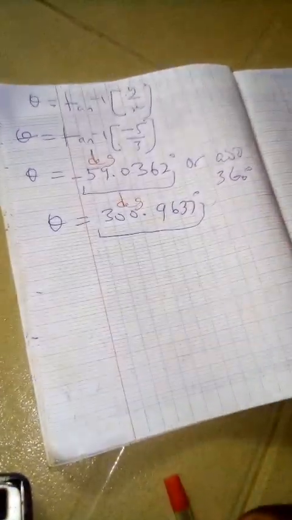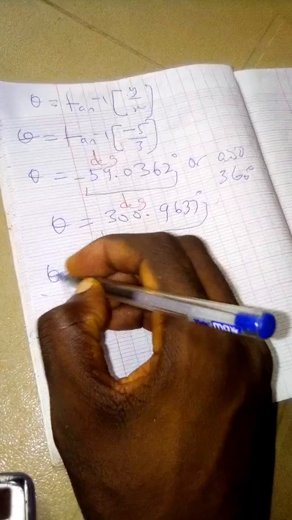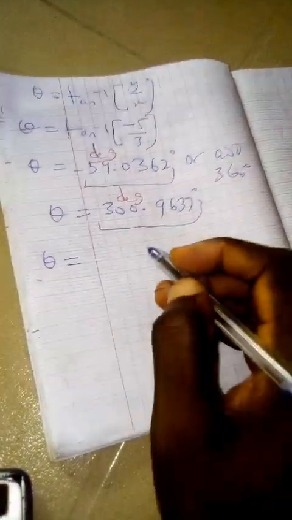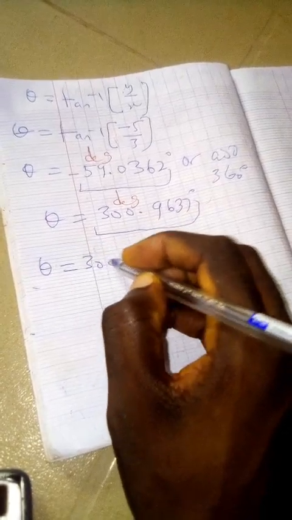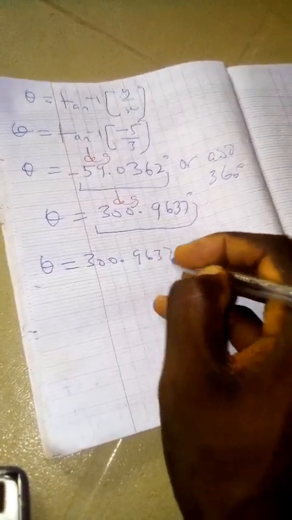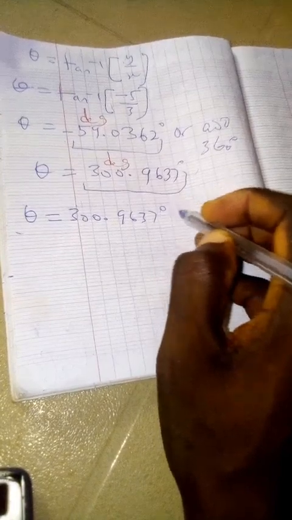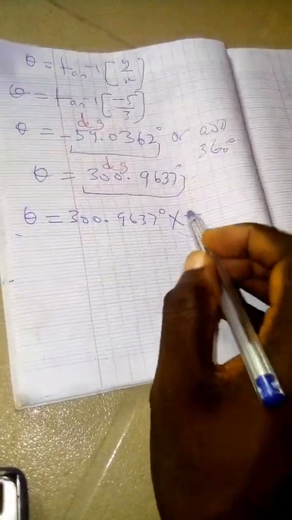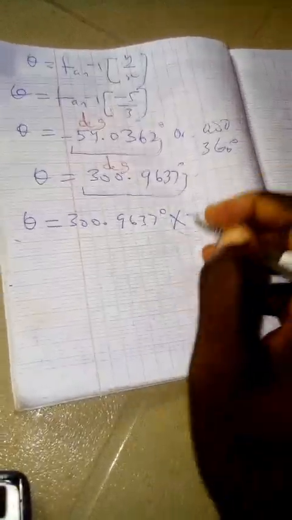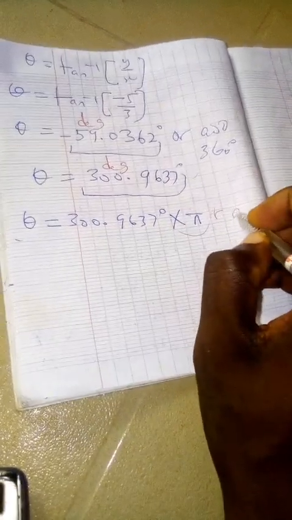It's in degrees, so I have to convert this theta to radians now. For me to convert this theta to radians, I'm going to write this number, 300.9637 degrees. Do you understand? So I'm going to multiply by pi. If I multiply by pi, it means I want to convert to radians.